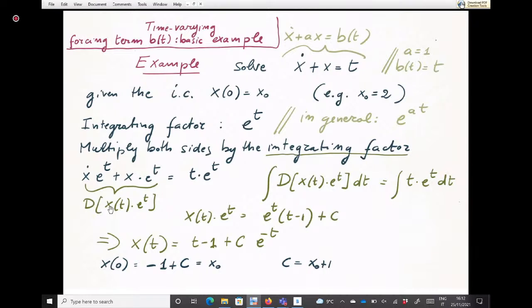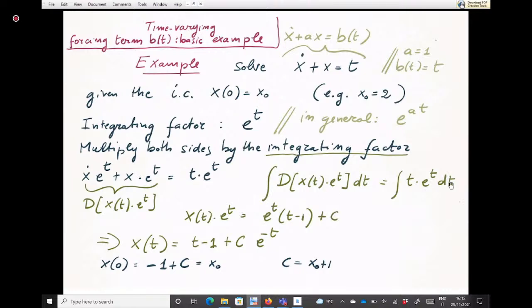So this is the derivative of x(t) times exponential of t. And this means that if I take the integral of both sides, here I have the integral of the derivative of x(t) exponential of t, dt. And here I have the integral of this quantity. Now, this integral can be computed by parts. And this is just x(t) times exponential of t, because it is the integral of the derivative of a function.